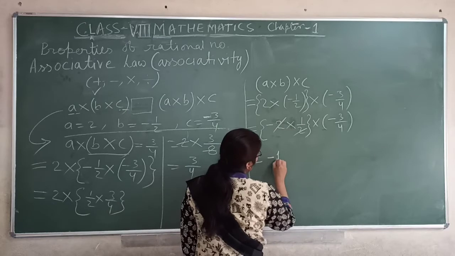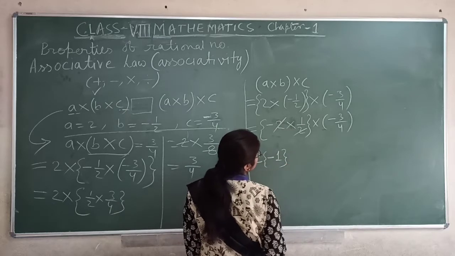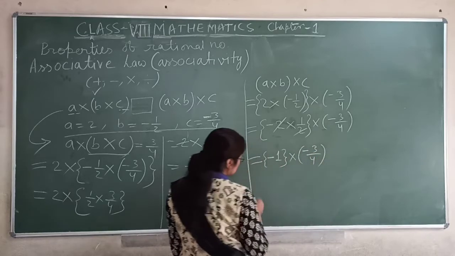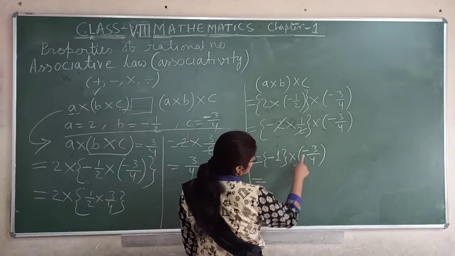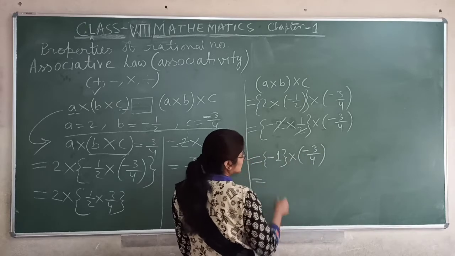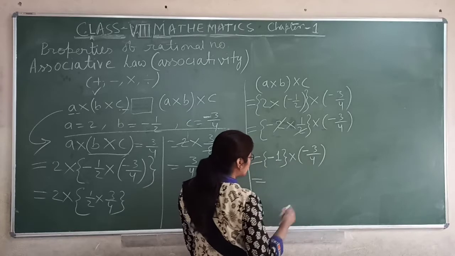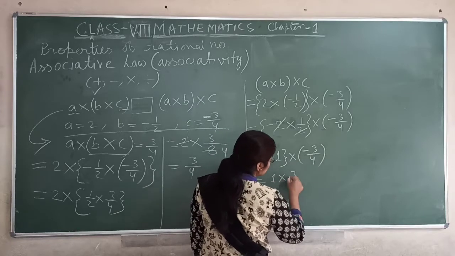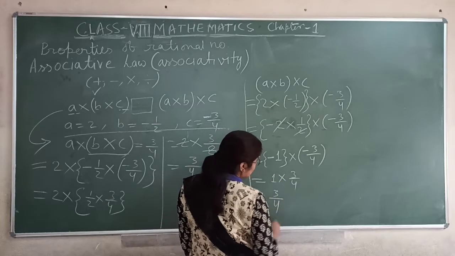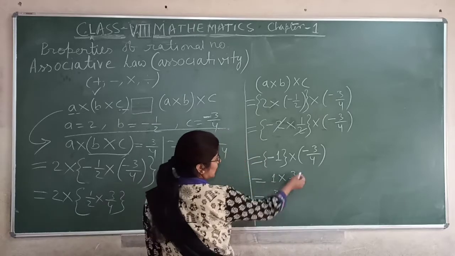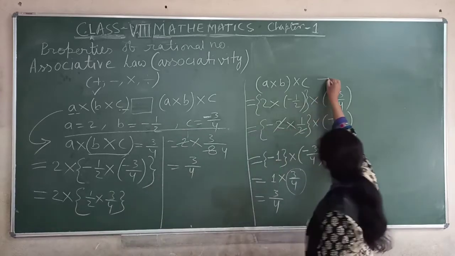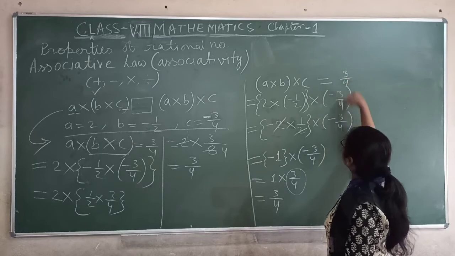Minus 1 within bracket this one into minus 3 by 4. Okay, this is negative and this one also negative. Minus into minus, you know, plus. No need to show the plus sign. 1 into 3 by 4. You can do it like that, 3 ones are 3 upon 4, or directly, if anything is multiplied with 1 you will get 3 by 4. So you are getting the value of this one as 3 by 4.